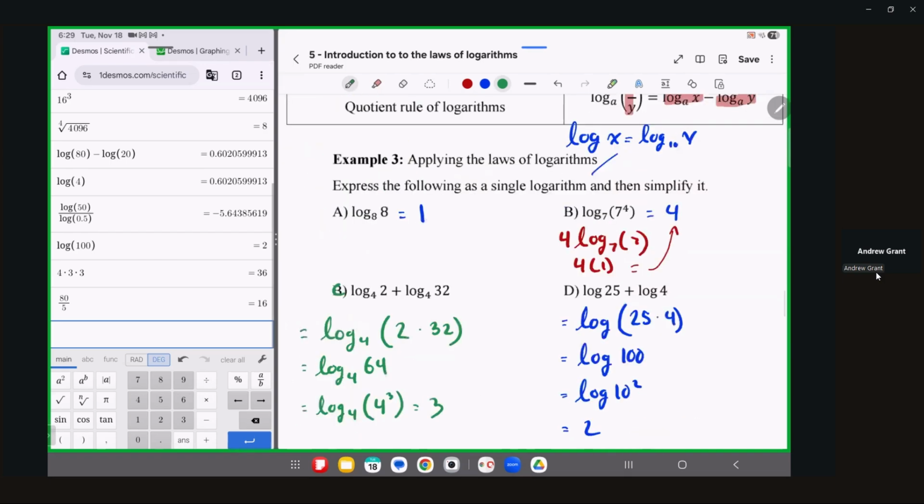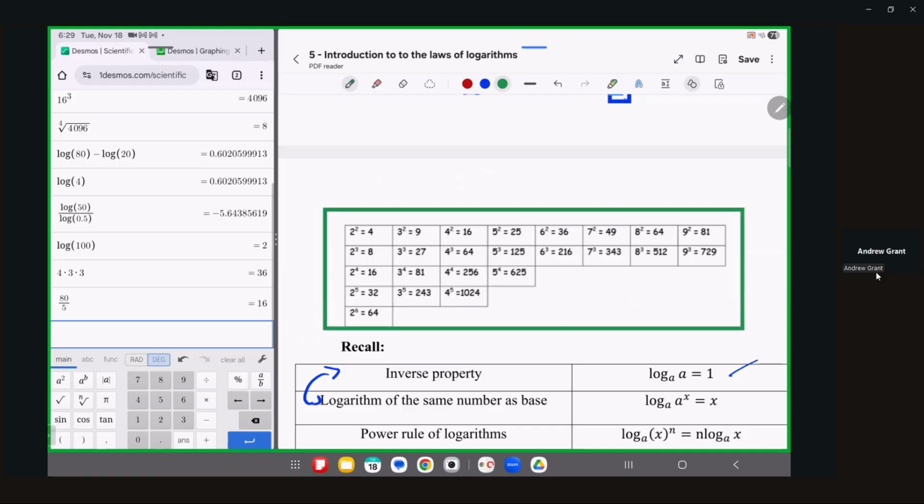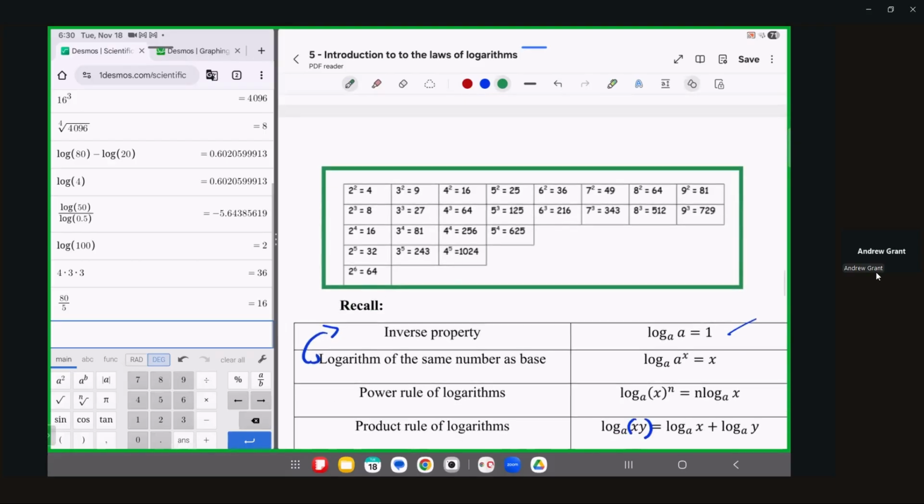And again, I do make a big deal about the fact that you really do want to spend some time and commit this chart to memory, just because these powers for logarithms occur frequently, and it is a good investment of time to just be familiar with these, or be thinking, if one of my numbers is 64, then I should be thinking that I can write that as 2 to the power of something, 4 to the power of something, or 8 to the power of something, and all those will be acceptable.